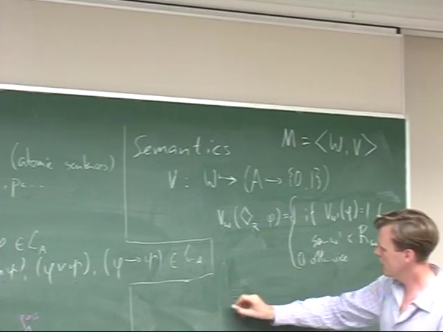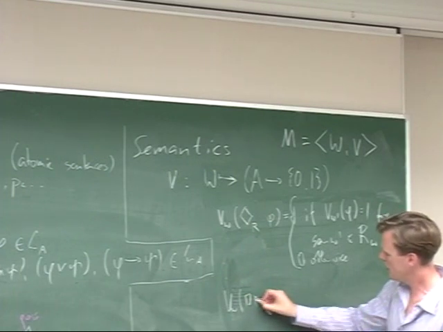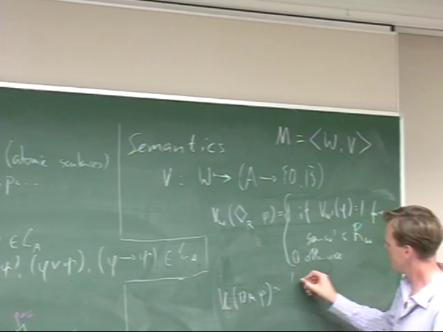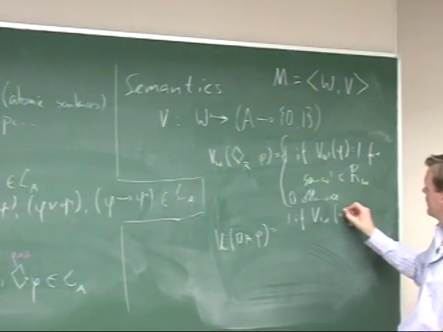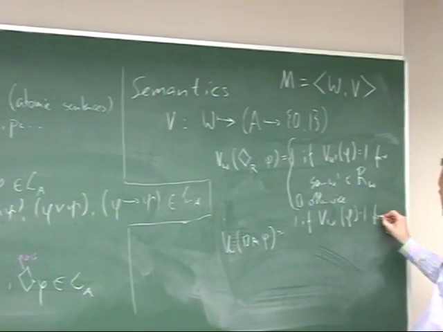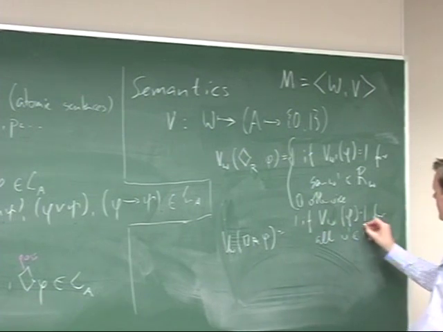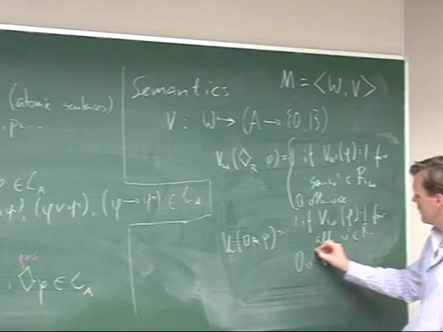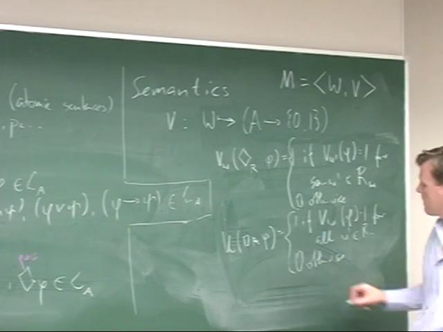And the necessity modal R phi is 1 if V of W prime phi is 1 for all W prime in RW, 0 otherwise.